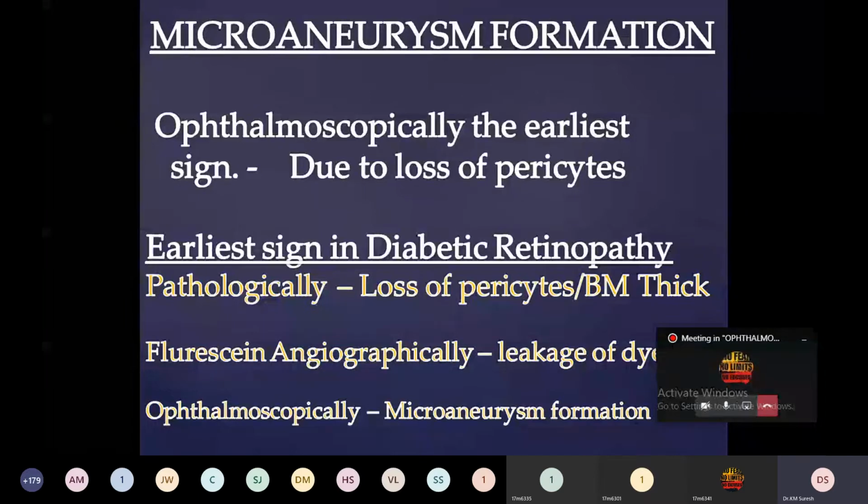Earliest sign in diabetic retinopathy, pathologically, is loss of pericytes and thickening of the basement membrane. Fluorescein angiographically there is leakage of fluorescent dye, and ophthalmoscopically microaneurysm formation. That makes it a better answer. And of course, you will definitely be appreciated if you say microaneurysm formation is the earliest change that occurs in diabetic retinopathy.